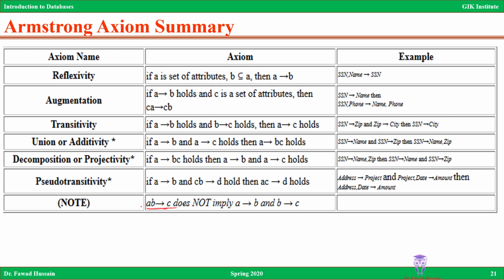Normalization itself is done after the normal logical design process, to eliminate the problems that still remain when we make tables and convert relationships into one to many, many to many. When we convert all these, there are still some problems that remain, and we eliminate those problems using normalization. To do that, we use these concepts that we studied in this video. So that's it. Thank you very much.